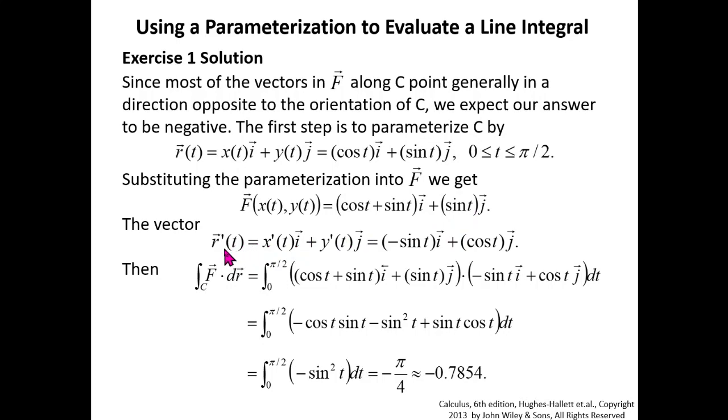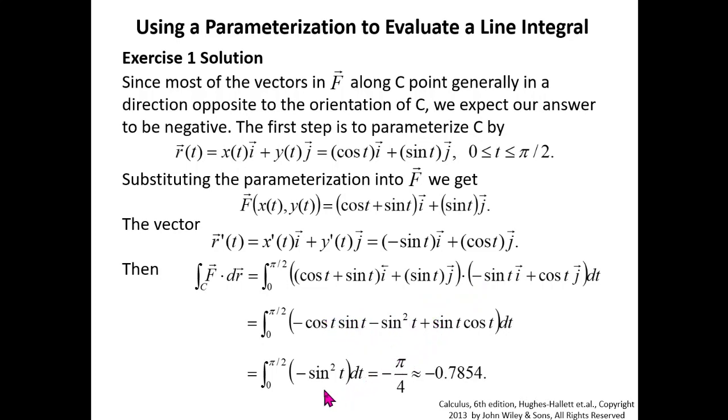We take the derivative of the path vector to get our dr, right? And then we take the dot product between the vector field and the parameterized derivative.